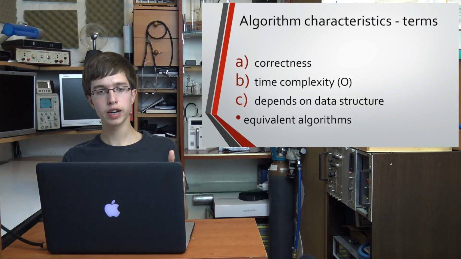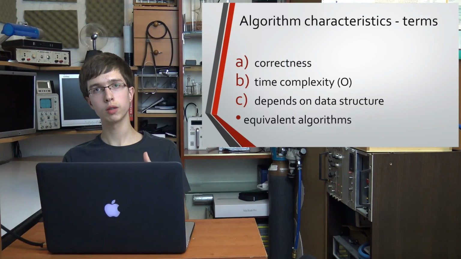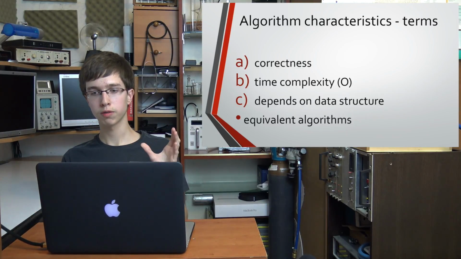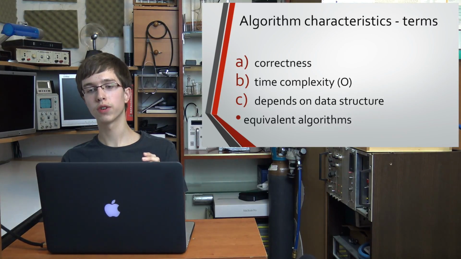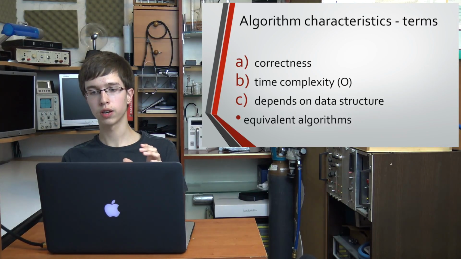Here are three very important terms related to algorithm characteristics. First is algorithm correctness. We say that an algorithm is correct if for all object input states which are allowed from the domain of the mathematical function with which the algorithm is defined, it enables us to determine their final states, so results of these objects, and if results are correct for all possible object input states, then we can say that algorithm is correct.